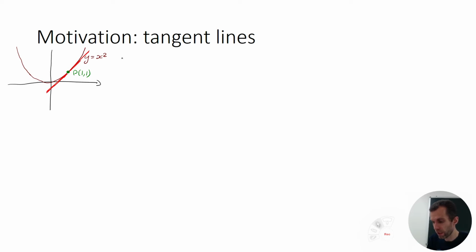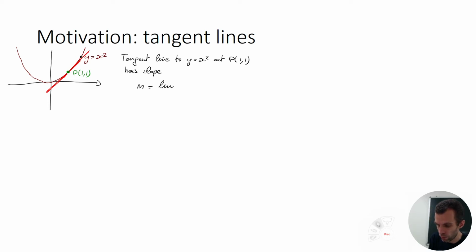And the way that we computed that tangent line is we used a limit. So we said the tangent line to y is equal to x squared at the point P(1,1) has slope m given by the following limit. And how did we compute that limit?